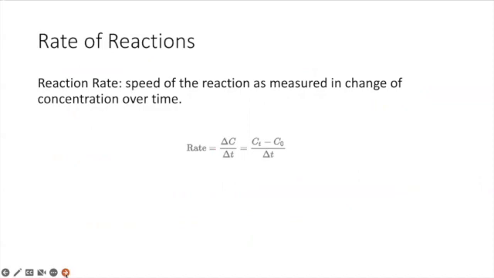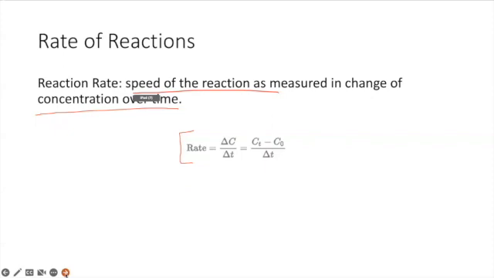So I want to define reaction rates. We never have to calculate this on our OWL or our homework, or on the exam, but I just want to bring up the idea that reaction rate is the change in concentration over time for the reaction, right?